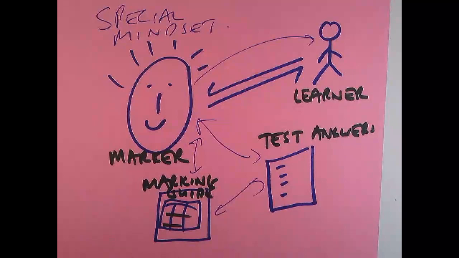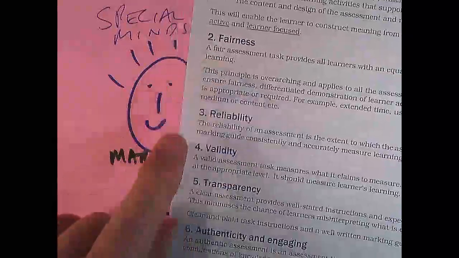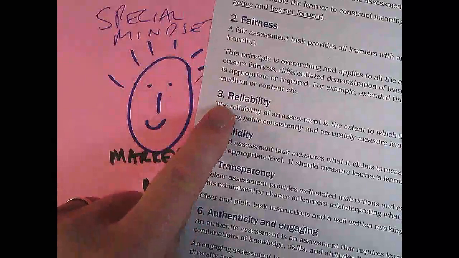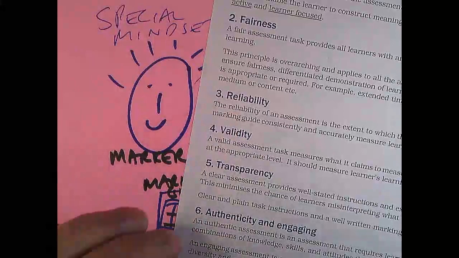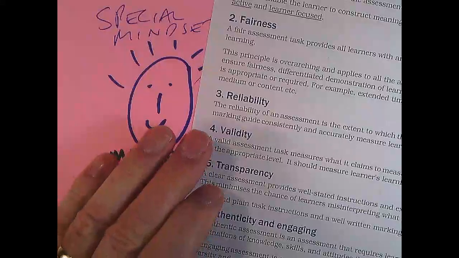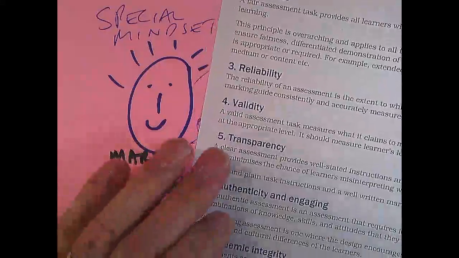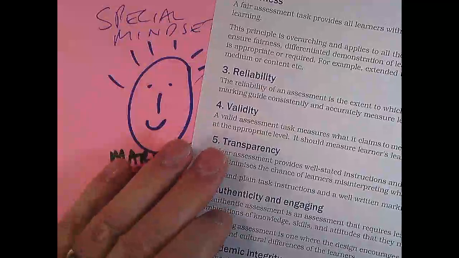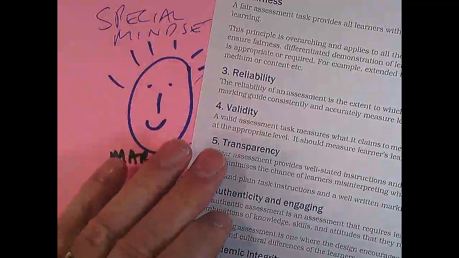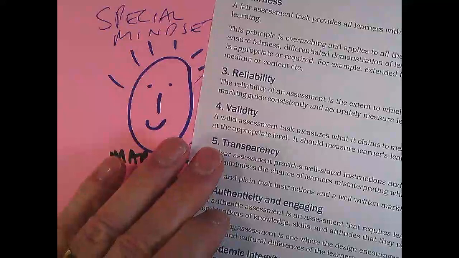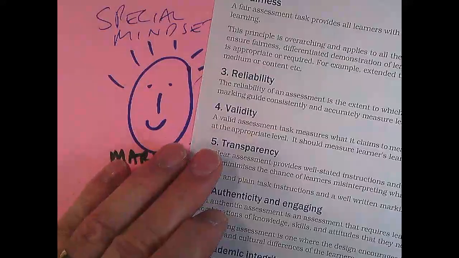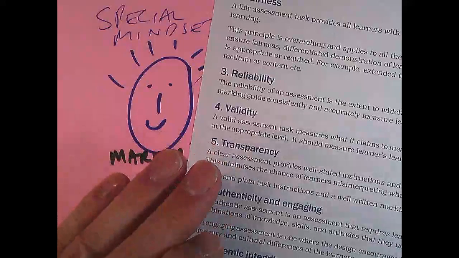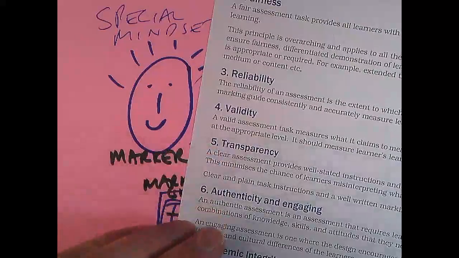You are trying to mark with fairness, with reliability, so that what you mark at 6 o'clock in the evening is the same as what you mark at 9 o'clock on that night. You're trying to be valid so that you're actually looking at what the student has written down and just asking yourself, what evidence am I looking for? Is the evidence there?